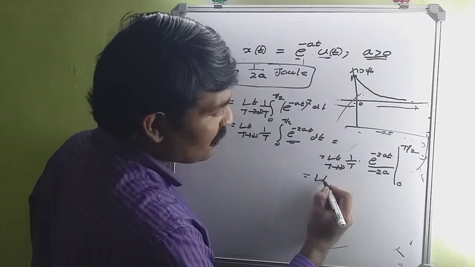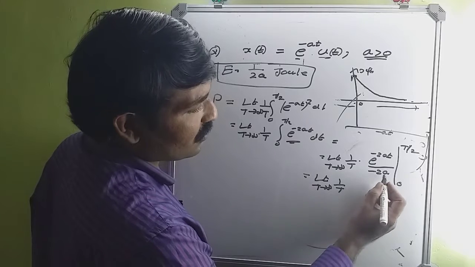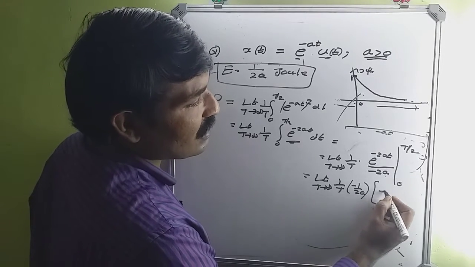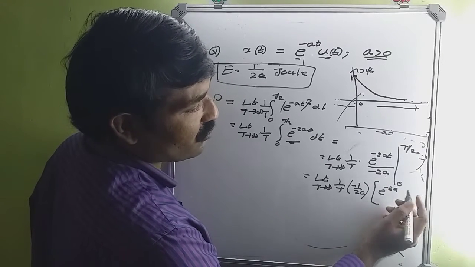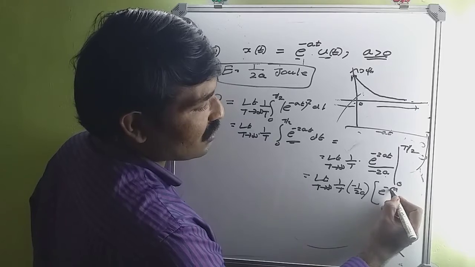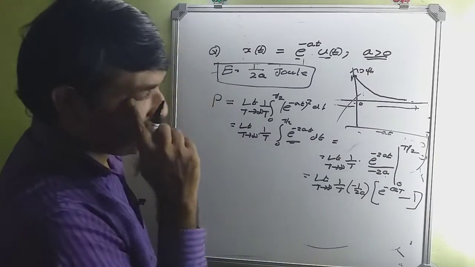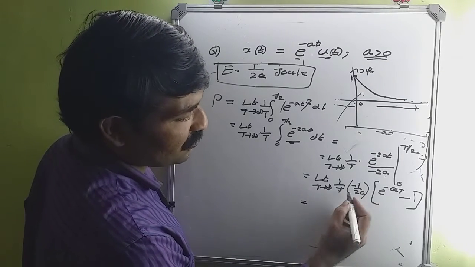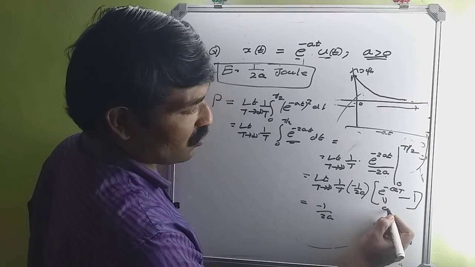That is equal to limit t tends to infinity, 1 by t is a constant, that is minus 1 by 2a into e raised to minus 2a into t by 2. The 2 and 2 get cancelled. So this becomes e raised to minus 2at minus e raised to minus 0, which is equal to 1. Okay, now apply the limit. This becomes minus 1 by 2a, and for t tends to infinity this is equal to 0.